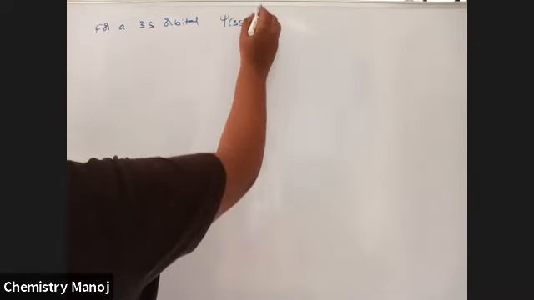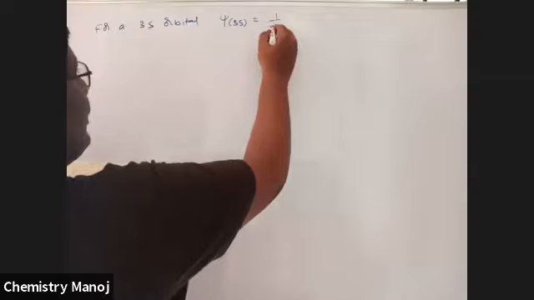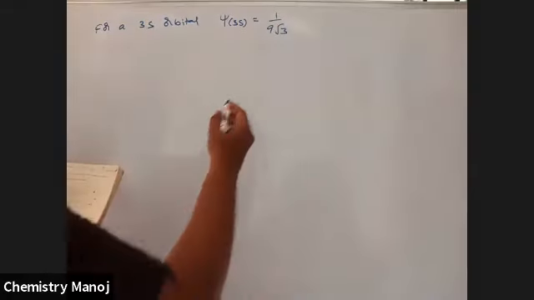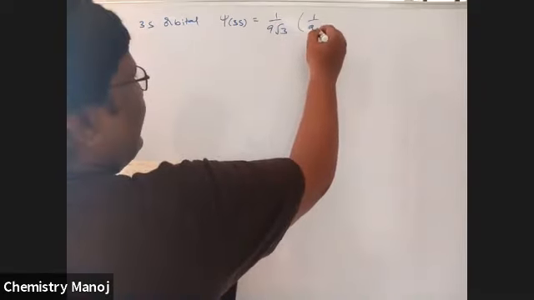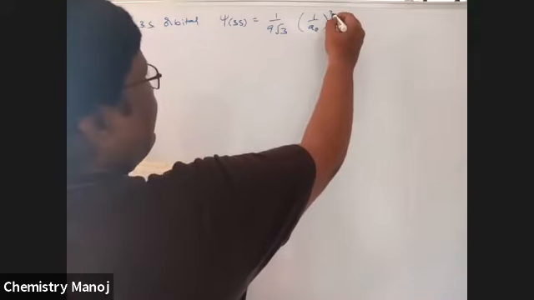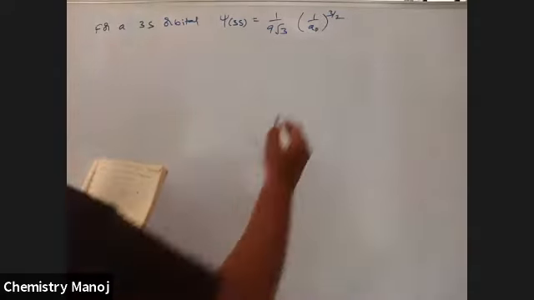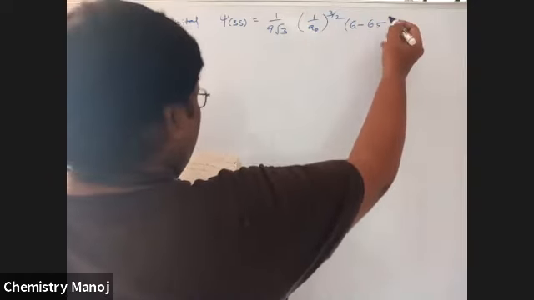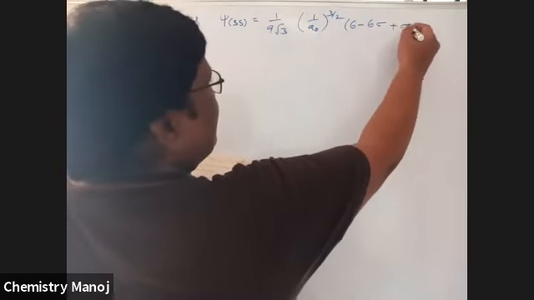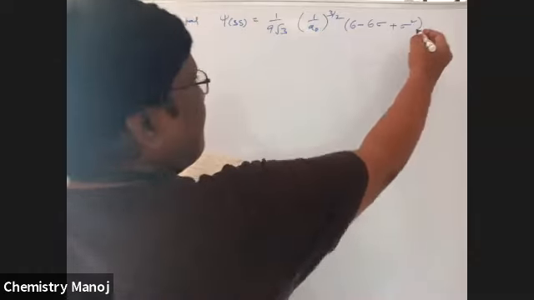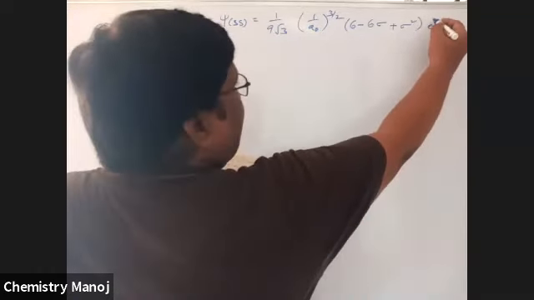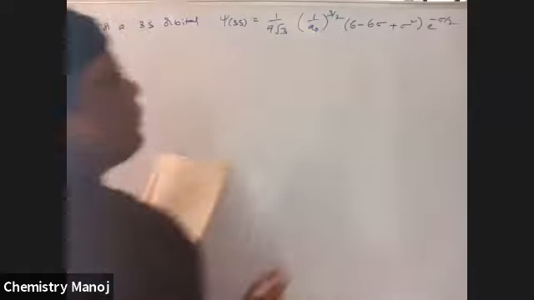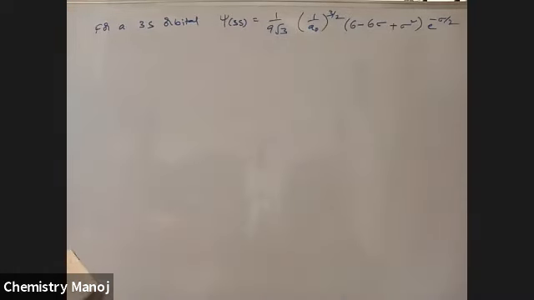Psi 3s is equal to 1 by 9 root 3, 1 by a naught to the power 3 by 2, (6 minus 6 sigma plus sigma square) e power minus sigma by 2.